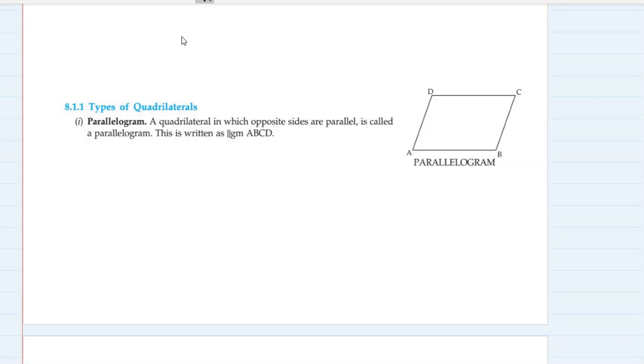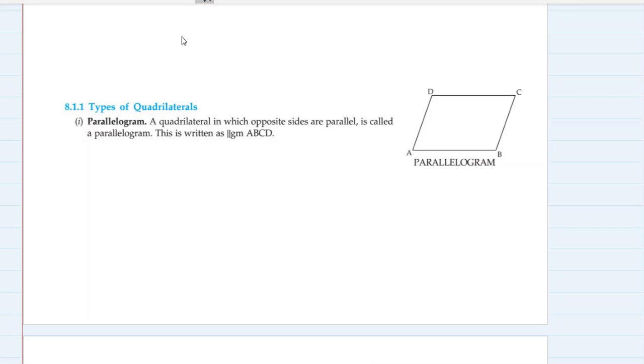This part is common for all the grades, maybe grade 8th, grade 9th, CBSE, ICSE. Everyone has this quadrilaterals chapter. Whatever properties I'm telling you right now are valid for everyone. So CBSE and ICSE students cannot tell me that this is not in my syllabus.